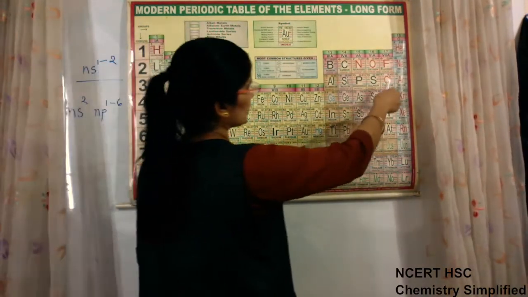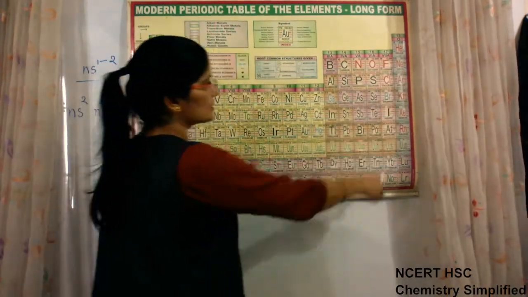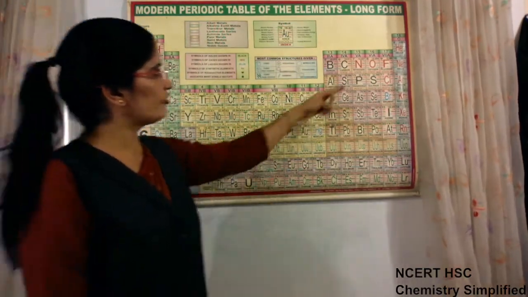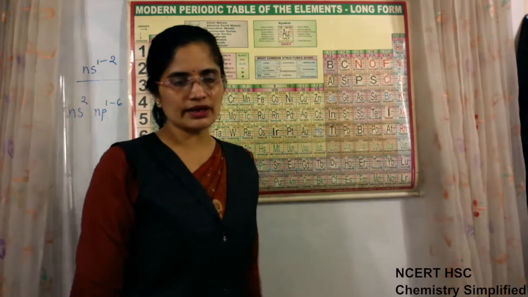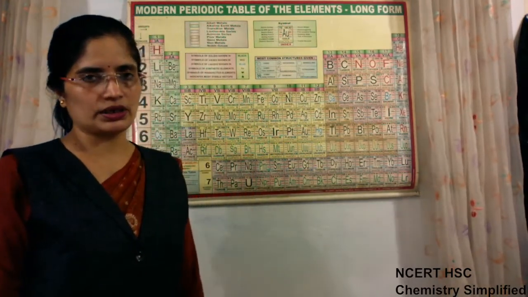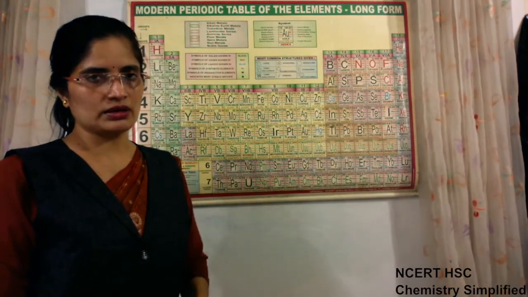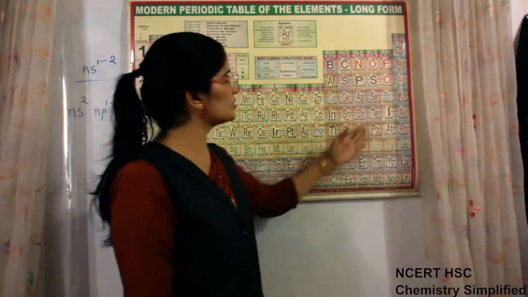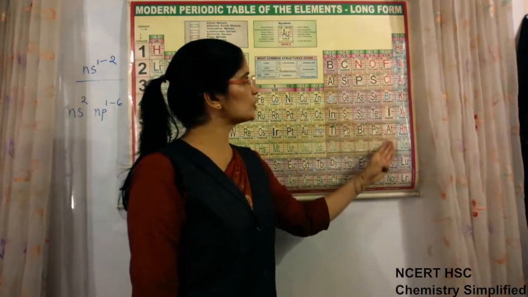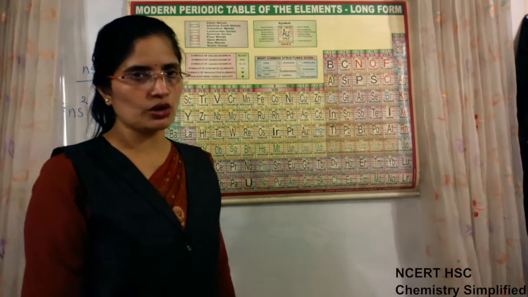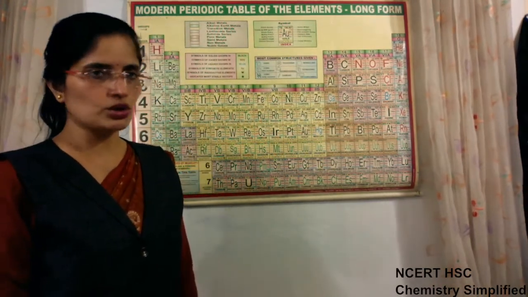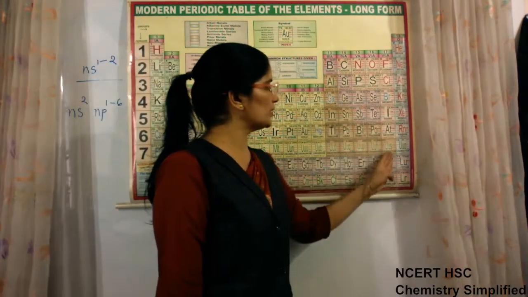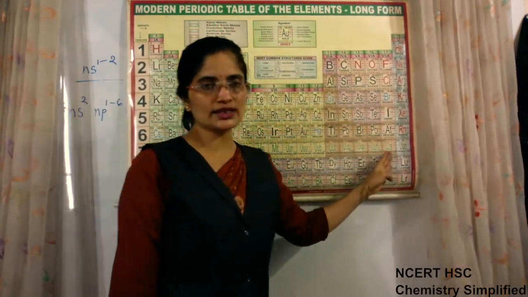Now these elements are known as halogens: fluorine, chlorine, bromine, iodine. This particular group number 17 is known as the halogen group. Halogen means salt forming. Most of the salts are formed by the elements of this group. For example, sodium chloride is a salt, magnesium chloride is a salt, okay, magnesium bromide is a salt. So these are salt forming elements, hence they are known as halogens.